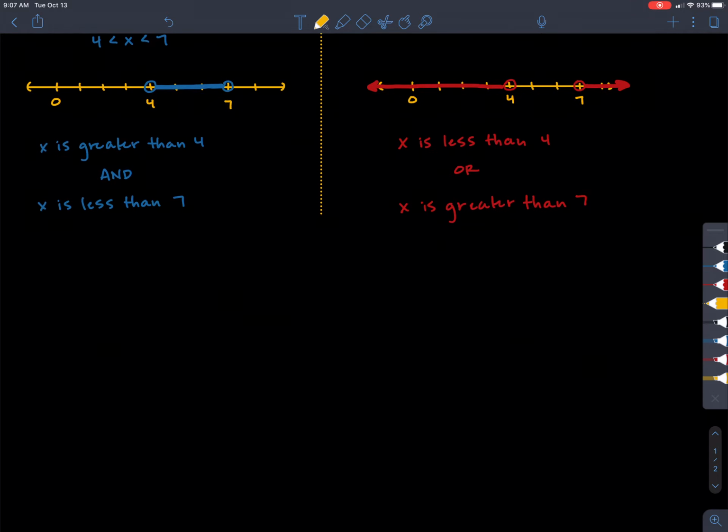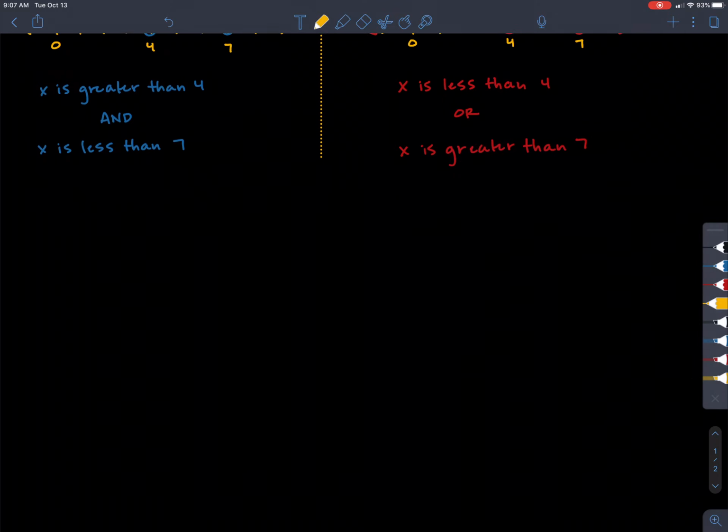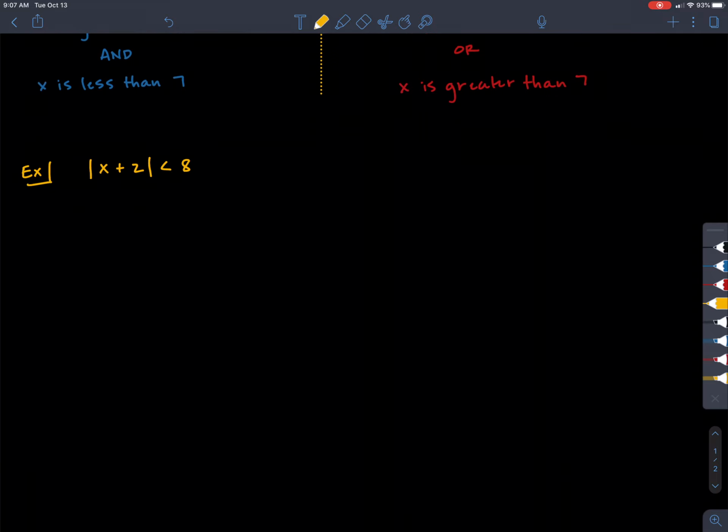So let's go through an example of how we would solve an inequality like this. If I want the absolute value of x plus 2 is less than 8, the first thing that I want to do is find my solutions, or my x-intercepts.